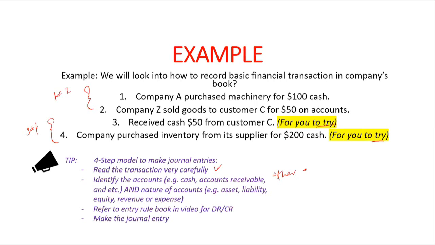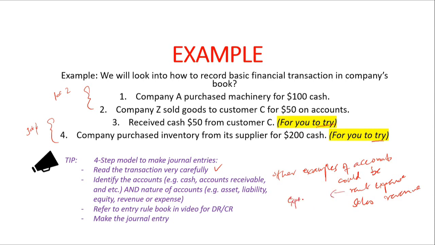Other examples of accounts could be rent expense, sales revenue. So these are all accounts. First you have to identify the account, and then you have to look at the nature of the account, whether the nature is asset, or liability, or equity, or revenue, or expense. So for example, rent expense is an expense nature account.